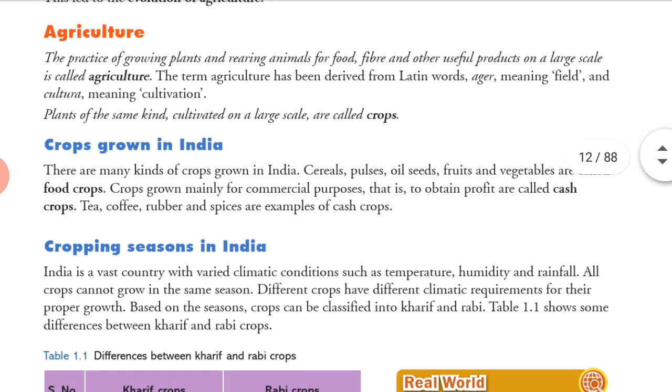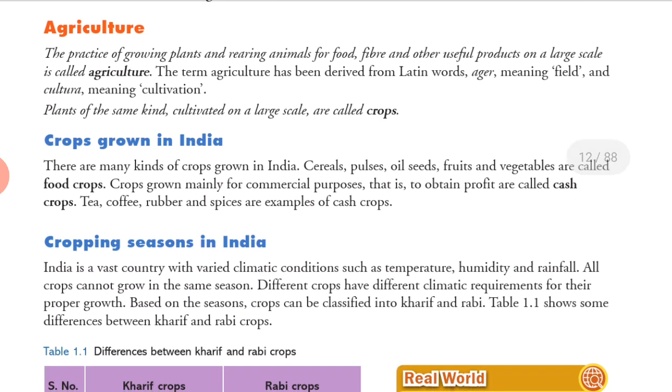Now, what is agriculture? The practice of growing plants and rearing animals for food, fiber and other useful products on a large scale is called agriculture. The term agriculture has been derived from the Latin words ager, meaning field, and cultura, meaning cultivation.